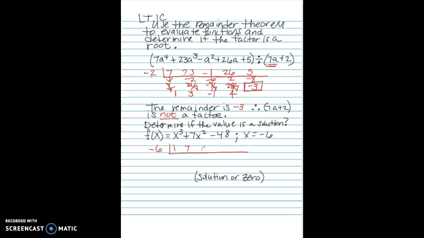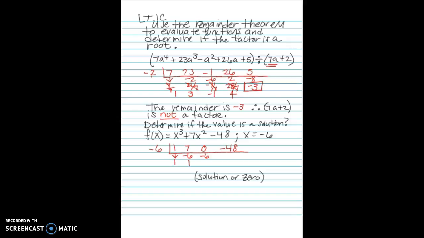So the coefficient of x cubed is 1. The coefficient of x squared is 7, but I do have to have a 0 for the coefficient of x. I have to have that placeholder, and then I have the negative 48. Now this time I do not have to divide because I do not have a quantity in front of the x with this x equals negative 6. So I bring down the 1 and I multiply. Negative 6 times 1, put that under the 7 because that is negative 6, and I add 7 plus negative 6 is 1.